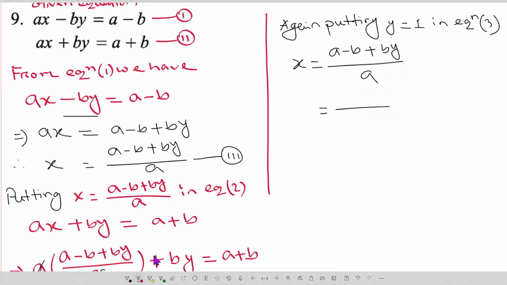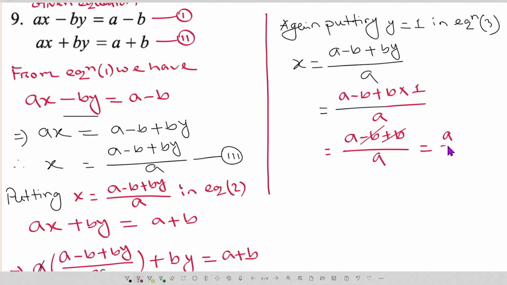So again here is a minus b plus b times y, which means 1, right? Divided by a. So here is a minus b plus b times 1, means b, divided by a. So minus b and plus b out, a divided by a becomes 1. So x equals 1. Therefore, the answer for x and y will be 1 and 1, right?